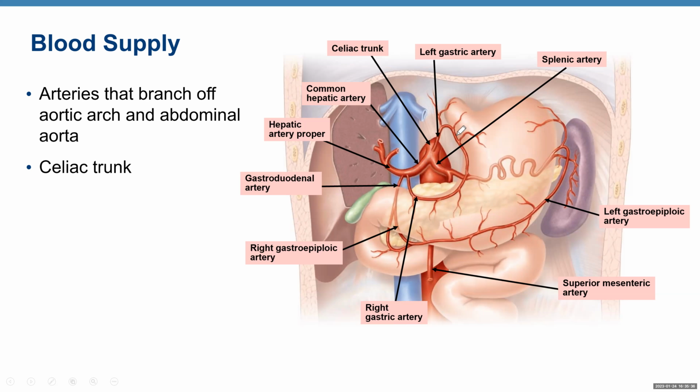These bring blood to the liver, which is right here, stomach, spleen, gallbladder, pancreas, and the beginning of the small intestine.